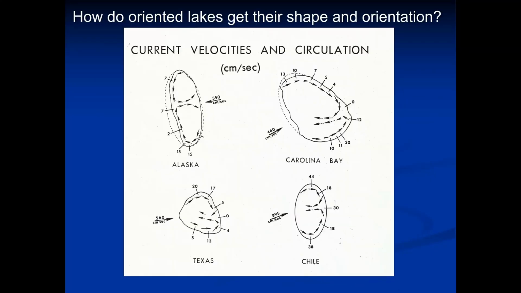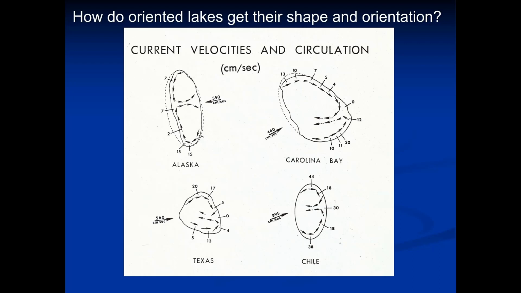Ray Kazarowski, for his 1977 dissertation, studied circulation patterns in various oriented lakes from Alaska, Texas, South America, and Carolina bays. And what he noted is that with strong prevailing winds, which vary from region to region, in the southeastern U.S., it's primarily out of the southwest to northeast.